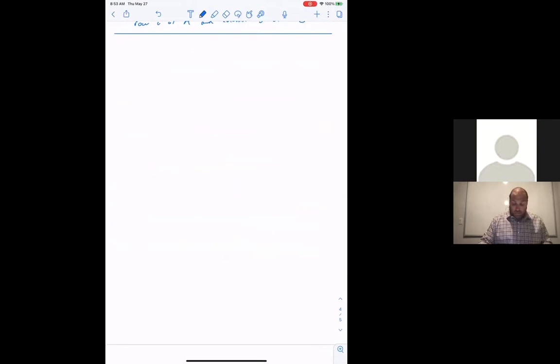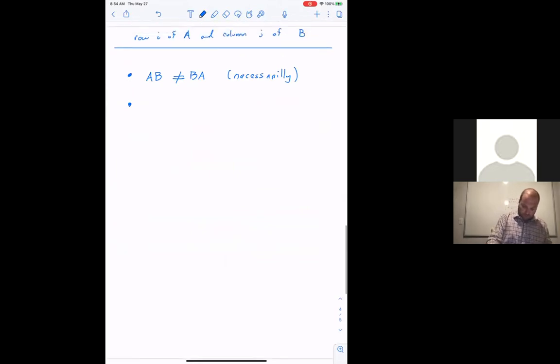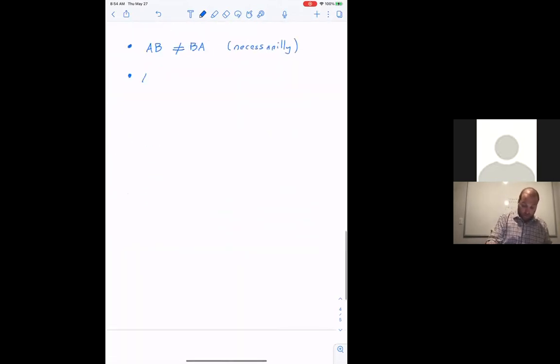So we want some properties now. Property number one, AB is not equal to BA necessarily. Sometimes it is coincidentally, but in general, if you have two matrices, the order matters. However, while the commutative law, which is the switching law, does not hold, the associative law does hold.